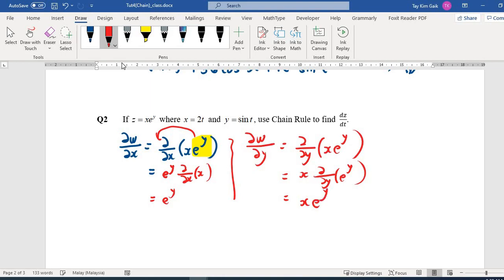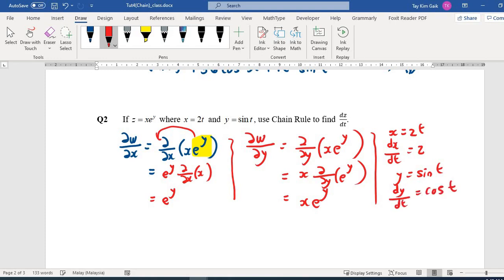That's why it's x times x exponent y. And then you find dx dt, dy dt. So x is 2t, dx dt you have 2, y is sin t, dy dt is cos t.